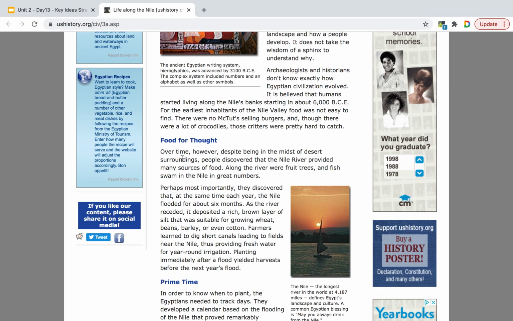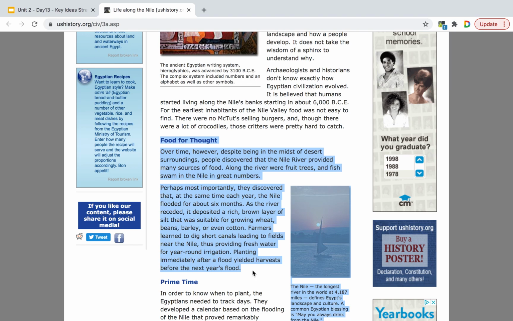This section is called Food for Thought. Over time, however, despite being in the midst of desert surroundings, people discovered that the Nile River provided many sources of food. Along the river were fruit trees, and fish swam in the Nile in great numbers. Perhaps most importantly, they discovered that at the same time each year, the Nile flooded for about 6 months.